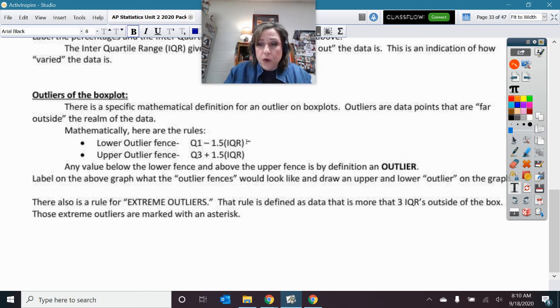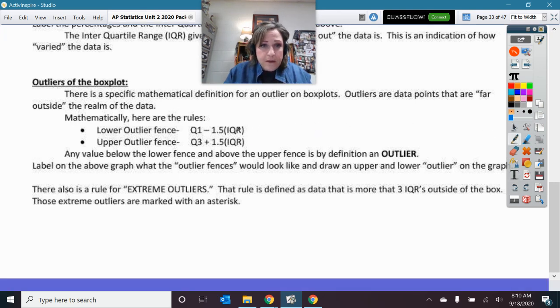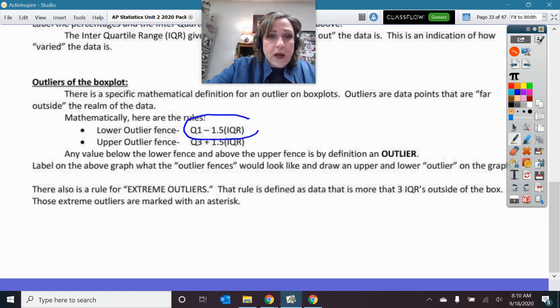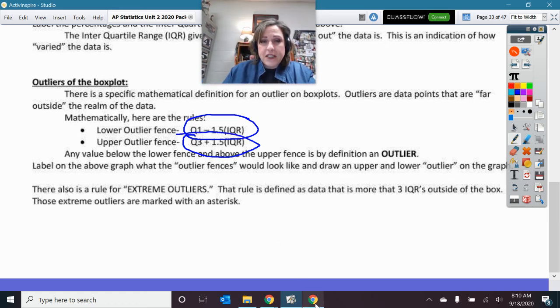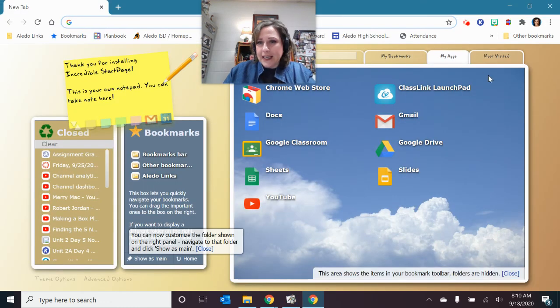Our lower fence is going to be our Q1 minus 1.5 IQRs, and we'll compute that here in a second. And our upper outlier fence is Q3 plus 1.5 IQRs. Those need to be memorized, and because those need to be memorized, guess what? I've got a song for that.